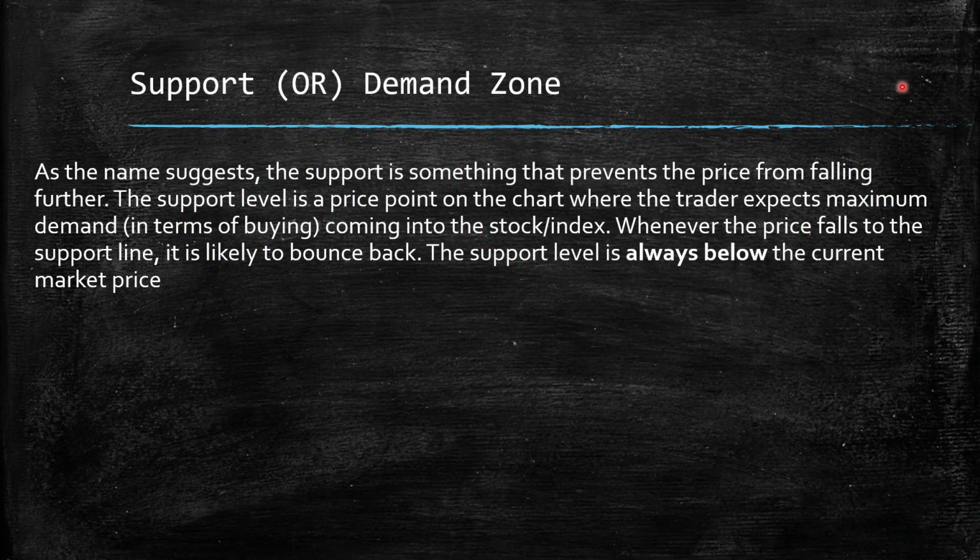Now moving on, we will try and identify a support or a demand zone, just like the way we identified the resistance or the supply zone. Like the name suggests, friends, the support is something that prevents the price of a stock from falling any further.